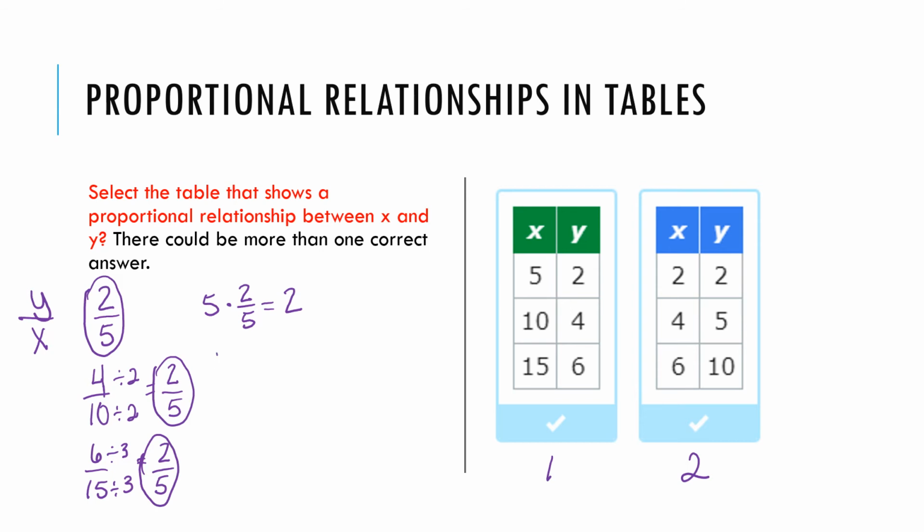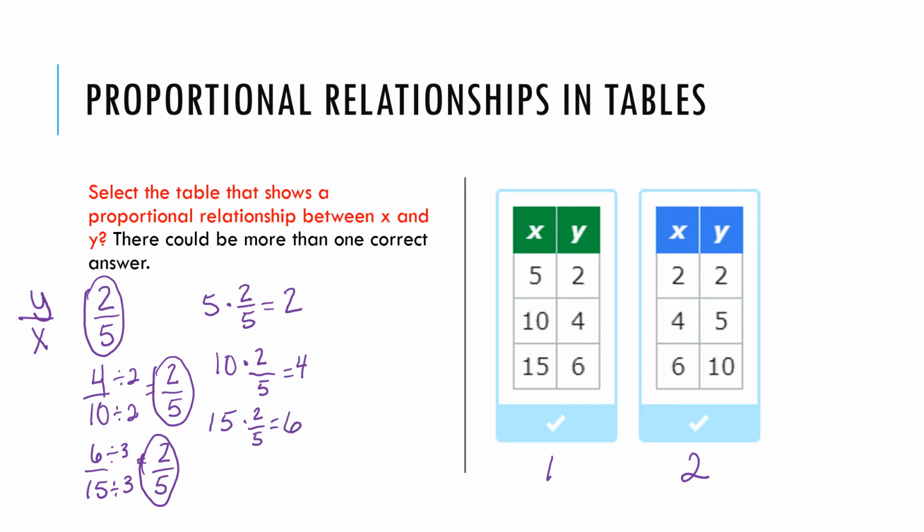And if I multiply 10, which is my x value, by 2/5, I'm going to get 4. And 15 by 2/5, I will get 6.